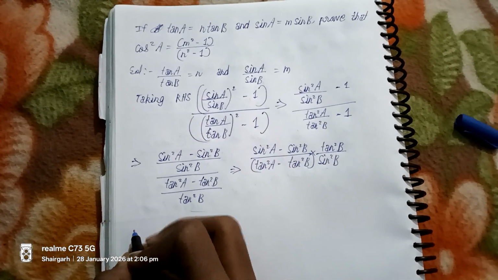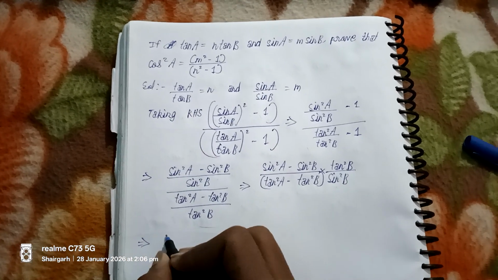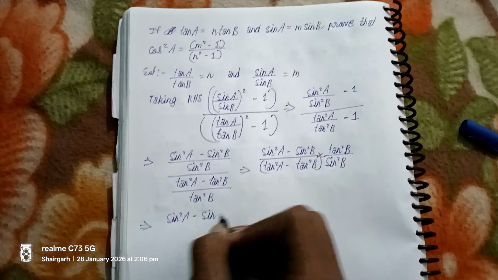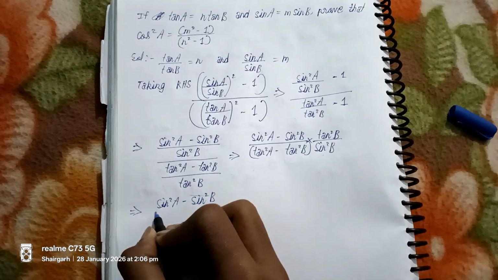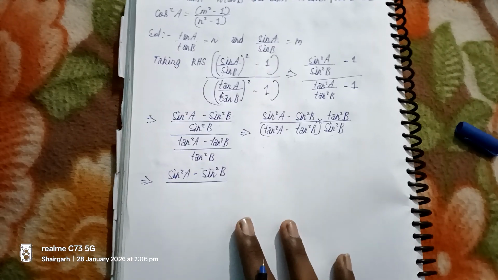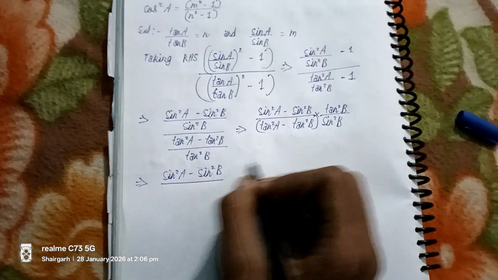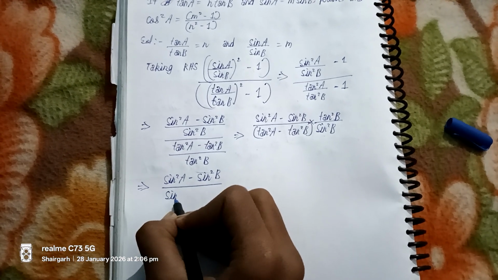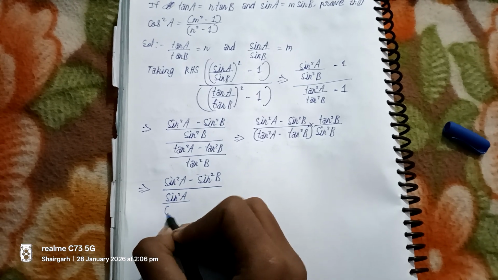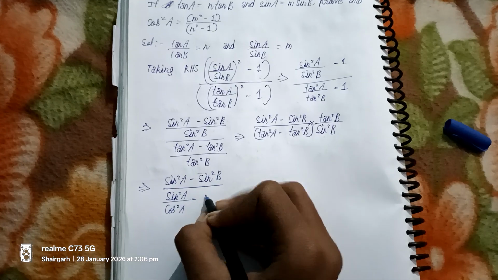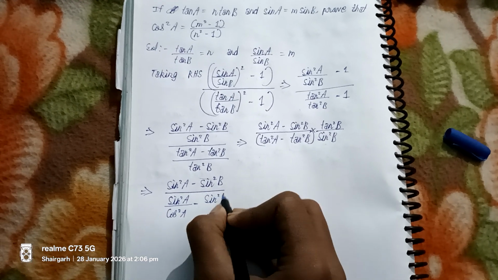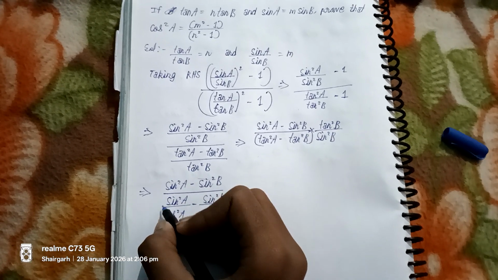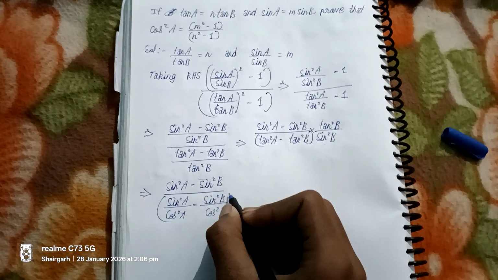Okay, so now moving to the next step: sin square A minus sin square B, and in the denominator we can convert this into sin and cos: sin square A upon cos square A minus sin square B upon cos square B, inside the bracket.